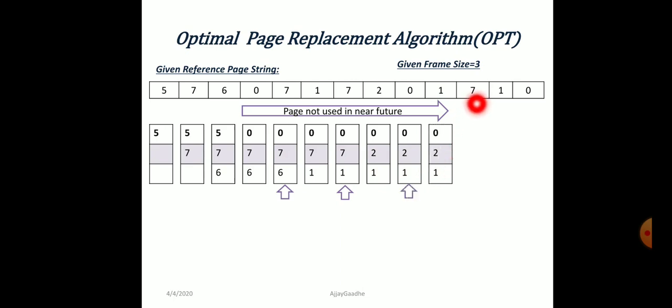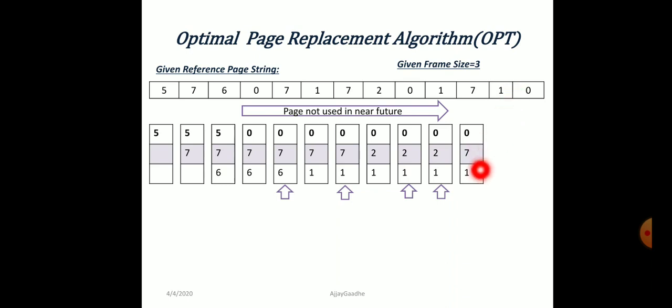Next requested page is 7. Now 7 is not there, so it is a page fault. Out of 0, 2, 1, you can see 1 is there, 0 is there, but 2 is not there in the near future. So 2 has infinite distance, so 7 replaces 2.